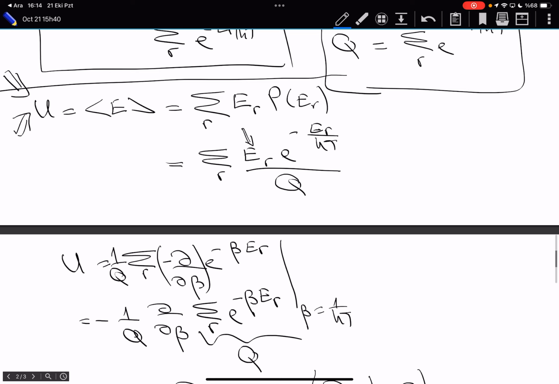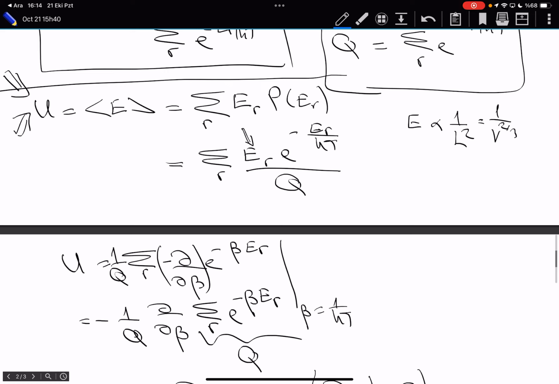So what are the energy eigenvalues of an ideal gas in a volume, in a box? Energy of the ideal gas particles in a box were proportional to 1 over L squared, which is nothing but 1 over V to the 2/3.